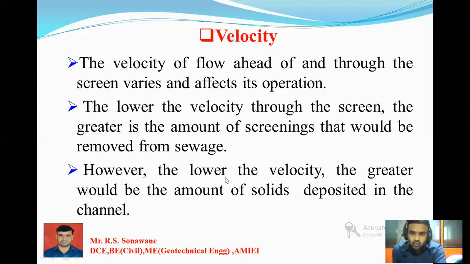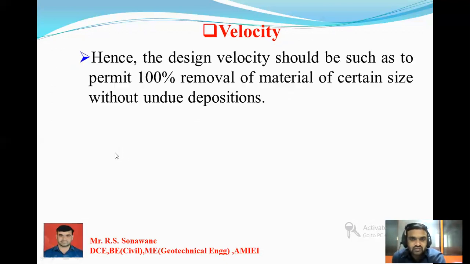However, the lower the velocity, the greater would be the amount of solids deposited in the channel. Due to the deposition in the channel, the velocity is lower in the screen chamber.